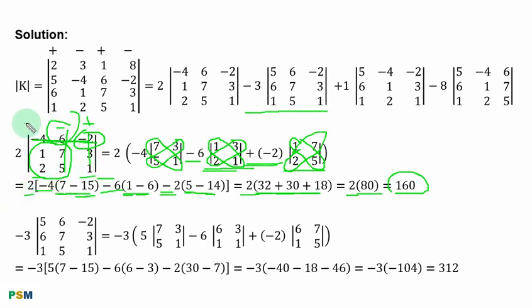After this, you take the next 3 by 3 minor matrix and you apply the same procedures as with the first 3 by 3 minor matrix, and the final result is 312 for this 3 by 3 minor matrix. Next, you take this and this. At the end, you add all the results together.